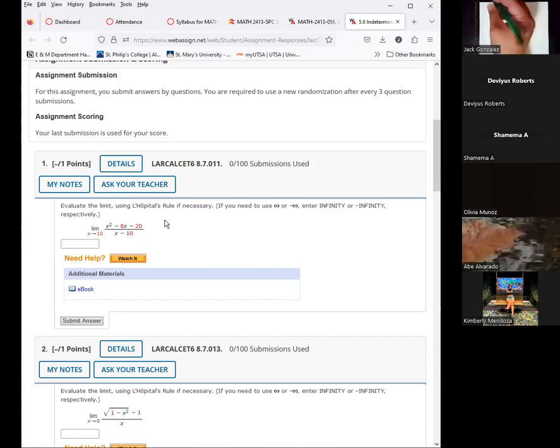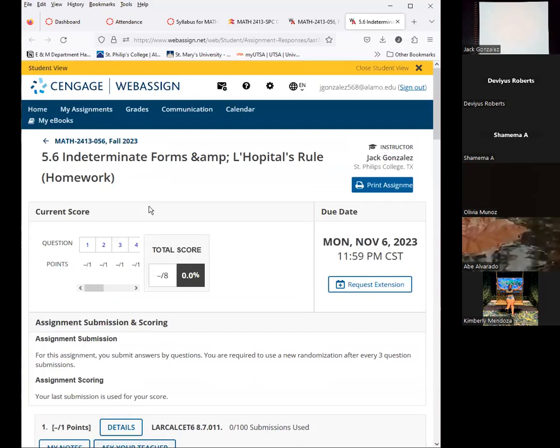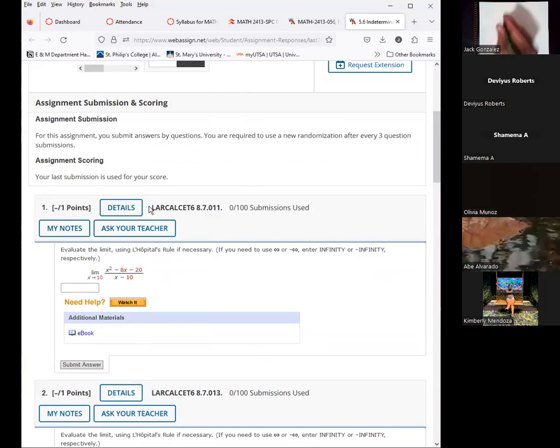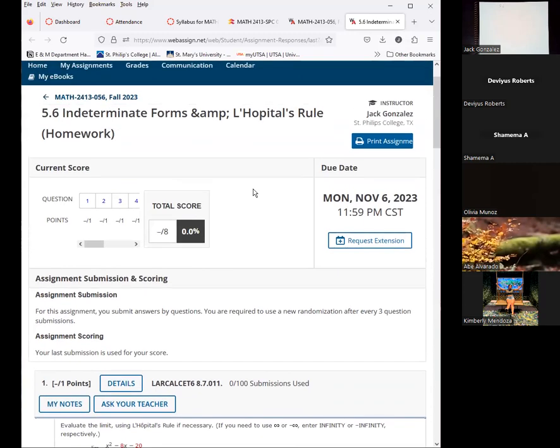Let me write this question down. I believe this is 5.6, L'Hopital's rule.